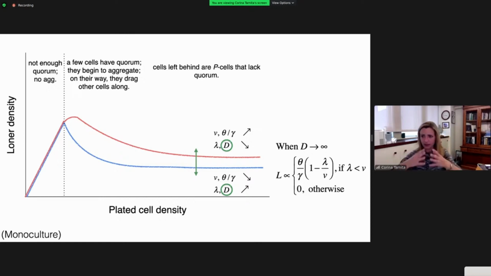And the idea would be that the better the signal is spreading and diffusing around on the plate, the easier it will be for cells to sense that there are other cells still left around, even when they are less densely packed. And so they have more time to make that decision.